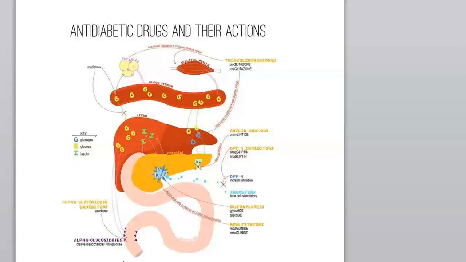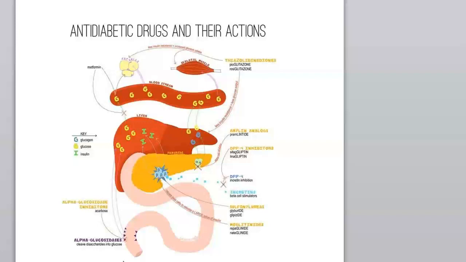So please know that all the onset, peak, and duration of these insulins come from the table on page 716 in your Adams book, which is also table 45.1. So I'm going to go through these insulins and explain to you how they work.